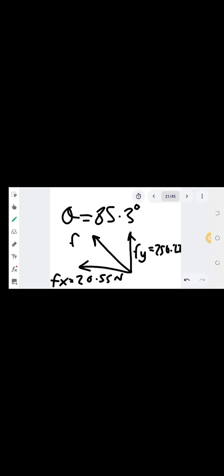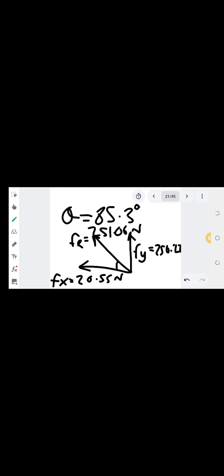Then our Fr is 251.06 newtons. Then the direction, which is theta.